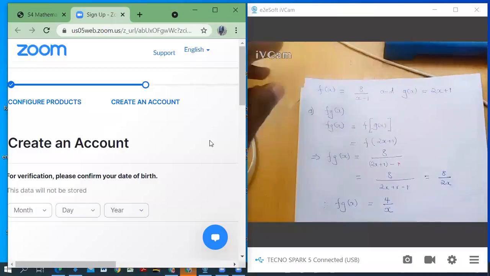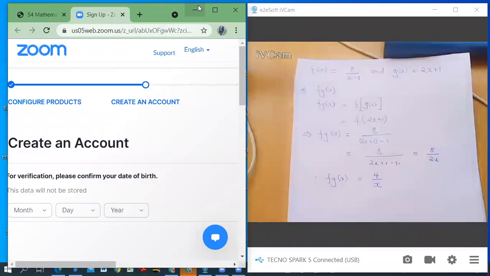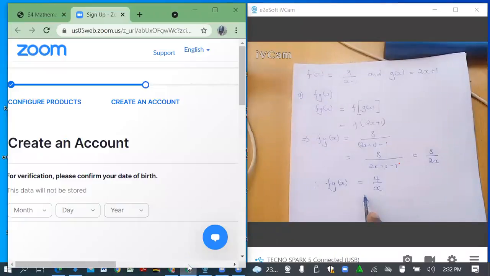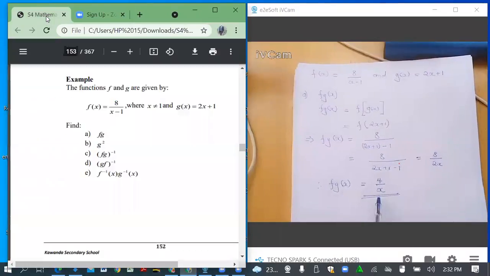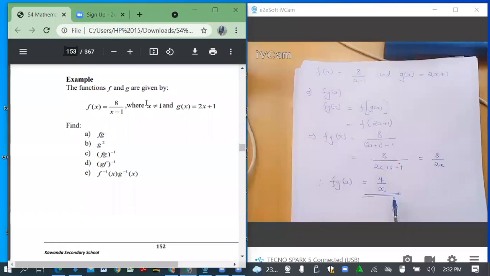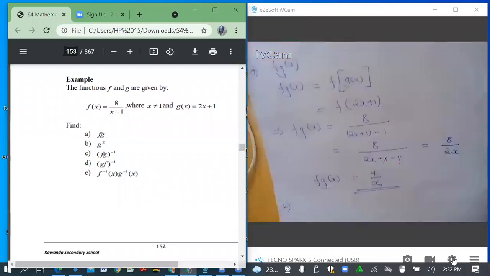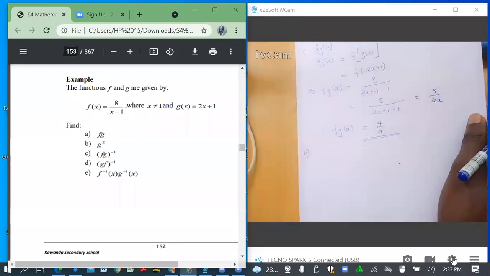So, are we together, members? Our fg of x we have already got is 4 over x. Let's go to B. Maybe before we go to B, can we add this question, because I'm not seeing it there?